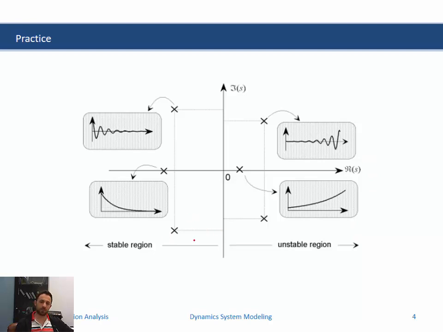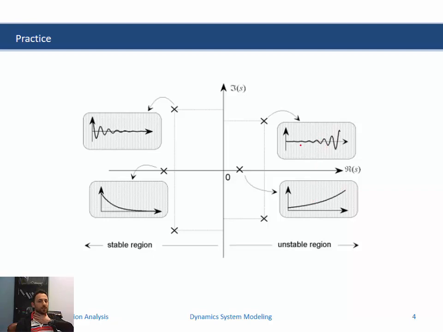If the pole is found on the left side of the complex plane, it is said to be stable. If it is on the x-axis, then there is no oscillation. If it has some imaginary part, there will be some oscillations. On the right side of the complex plane, it is the unstable region because it diverges.